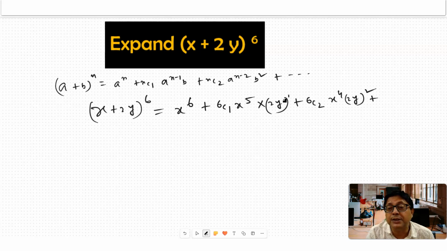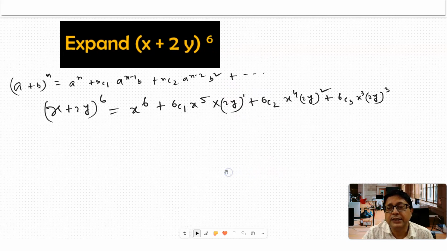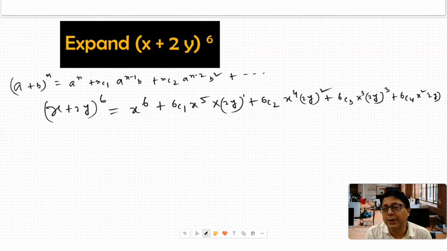It continues in this manner. 6c3 x cube (2y) cube, then 6c4 x squared (2y) to the power 4, 6c5 x (2y) to the power 5.